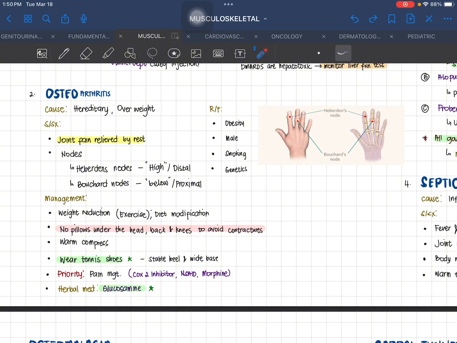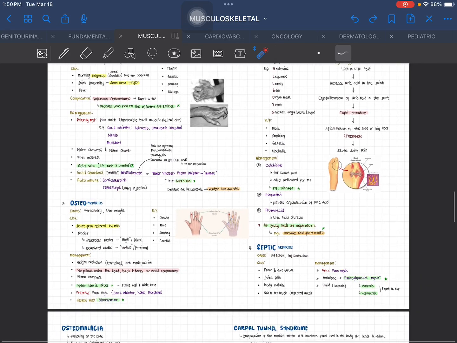Pang-lima, ang priority management natin sa lahat ng musculoskeletal is pain management. So, ang mga pain meds natin na pwede maibigay is yung COX-2 inhibitor, NSAIDs, and morphine. So, meron ding herbal meds for osteoarthritis. Yun ang tinatawag na glucosamine. So, done na tayo sa osteoarthritis.